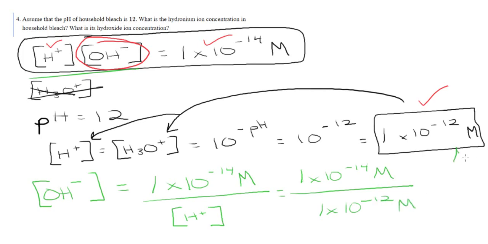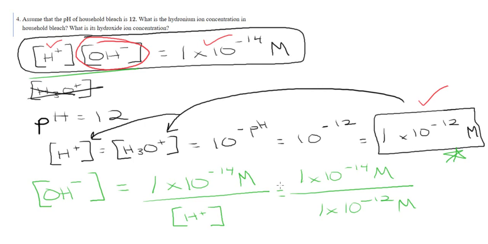That's this number right here, right? And if I plug that into my calculator, I'm going to kind of call out the buttons I'm pressing on my calculator. 1 exp negative 14 divided by 1 exp negative 12.